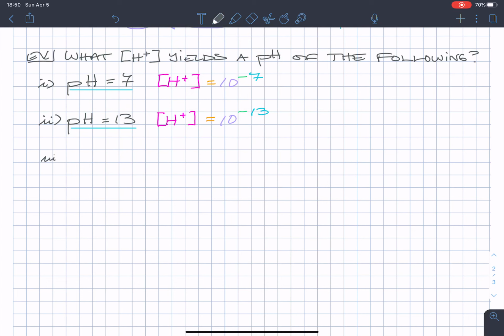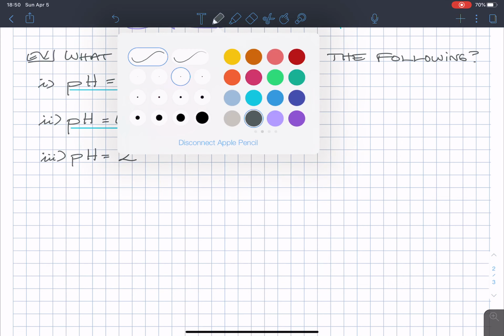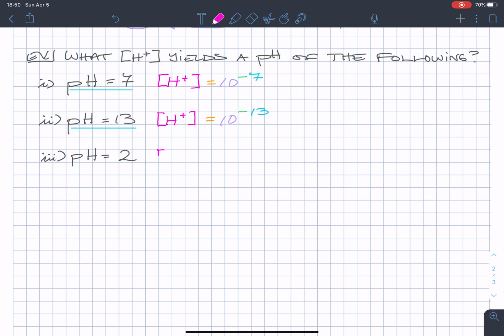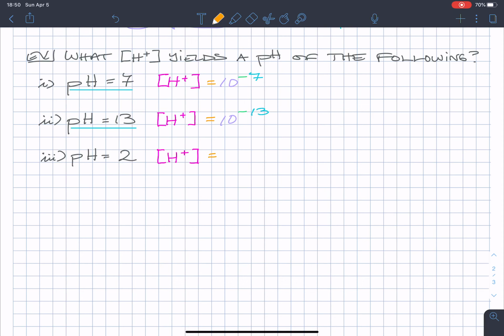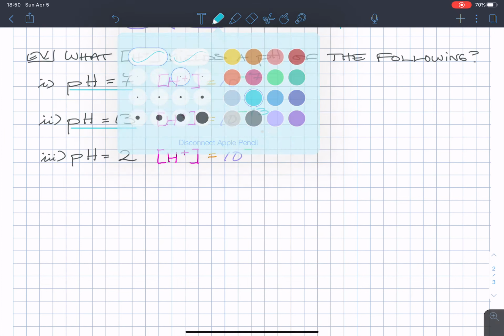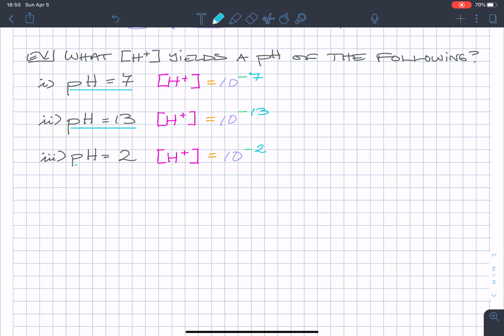Okay, another one. Let's say you've got a pH of 2. So in that case, the hydrogen concentration is 10 to the negative, and of course, negative pH, that's negative 2. There we are. Okay, so I'll see you guys in the next section and chapter.